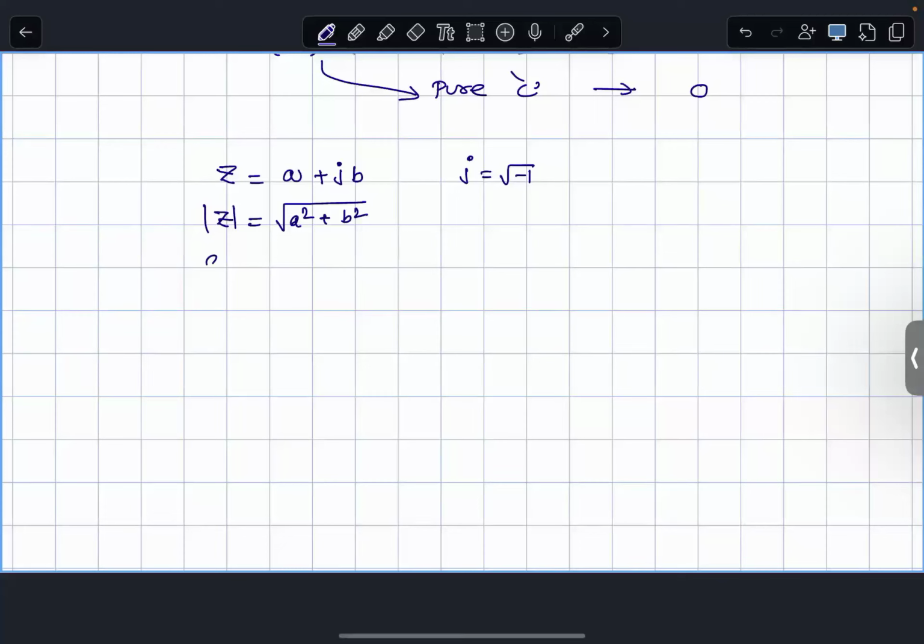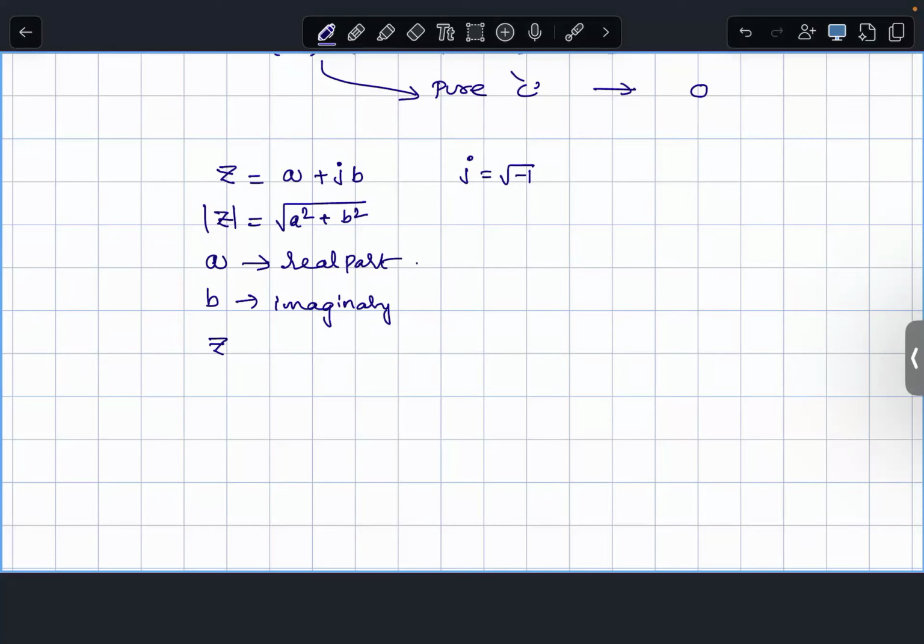In this, A refers to the real part and B refers to the imaginary part.